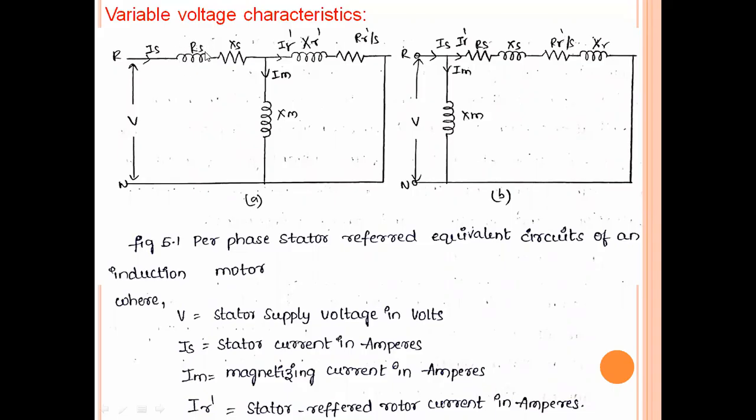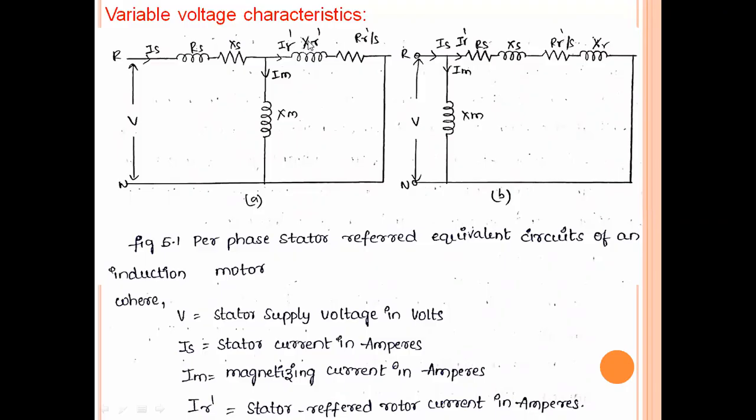This is XS, which means stator winding reactance. And here it is RS, which means stator winding resistance, because each winding will have an inductance value and a resistance value. Those are represented as RS and XS. RS and XS both belong to the stator.